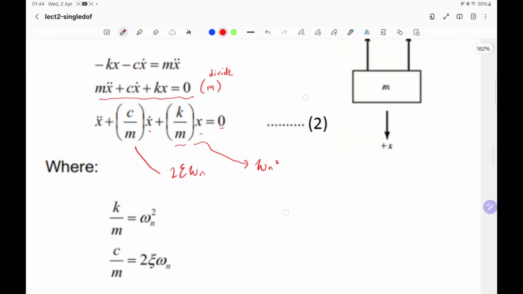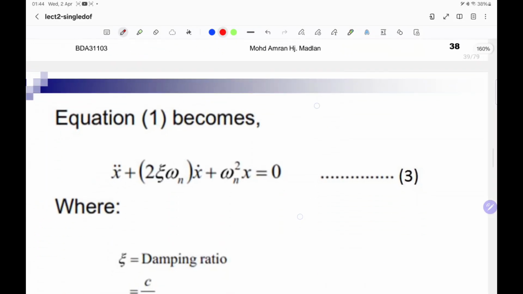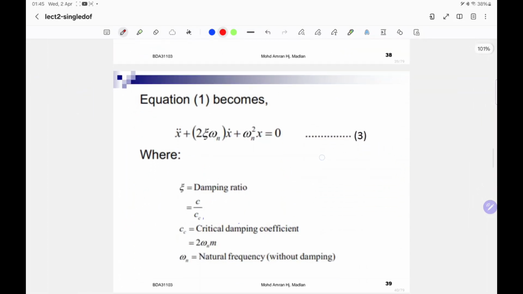So the previous equation will become this.